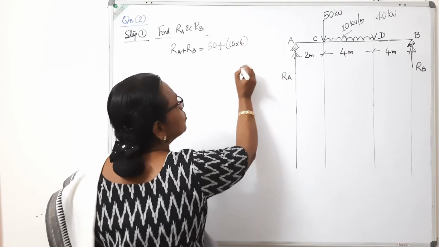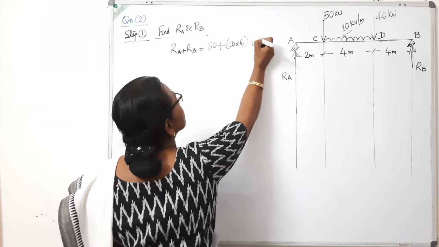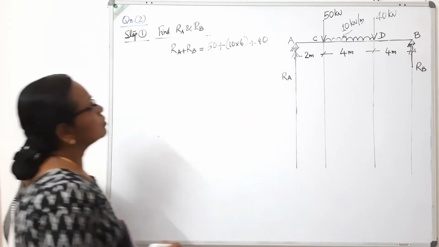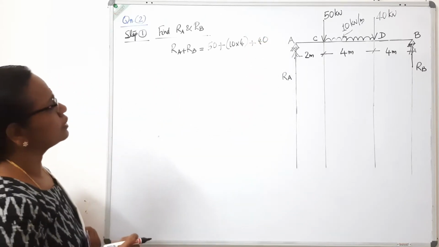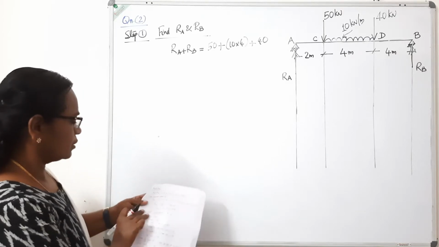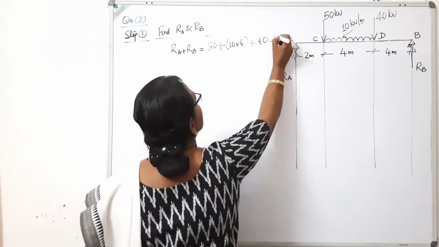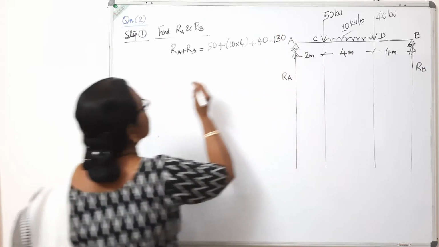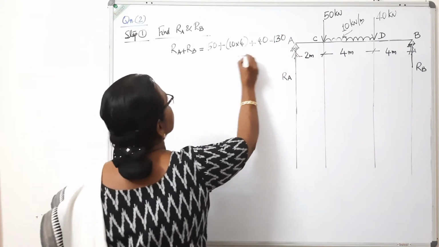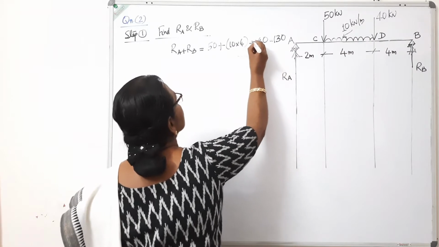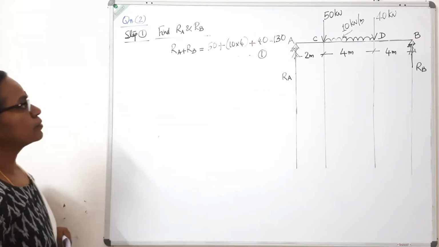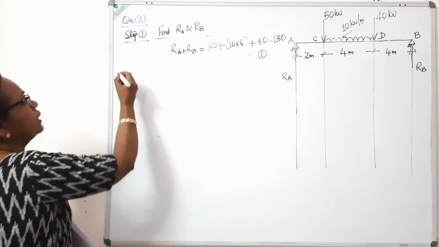So 10 into 4 is 40. So it is 50 plus 40, 90 plus 40, 130. So this totally is equal to 130. That is the first equation: RA plus RB is equal to 130.